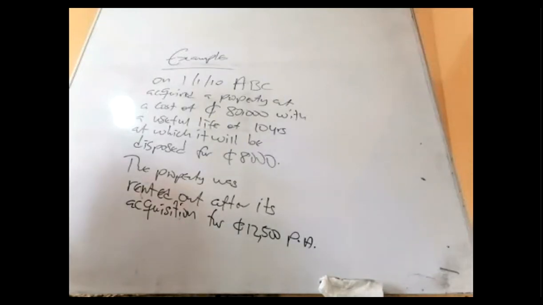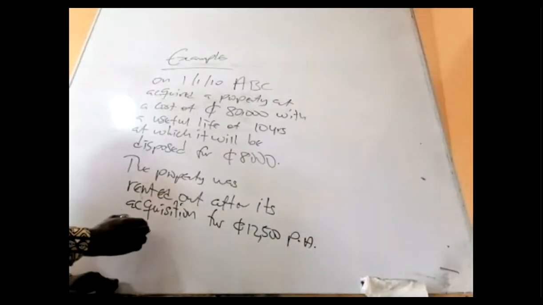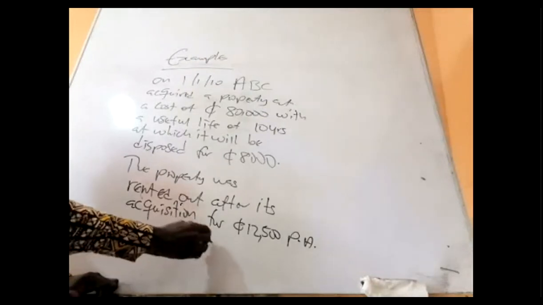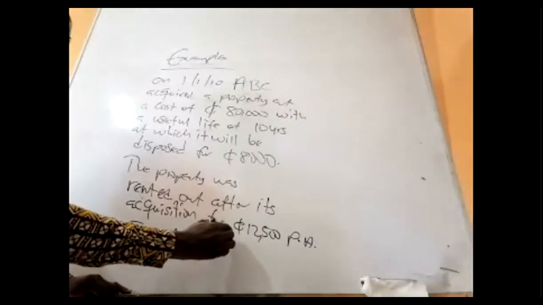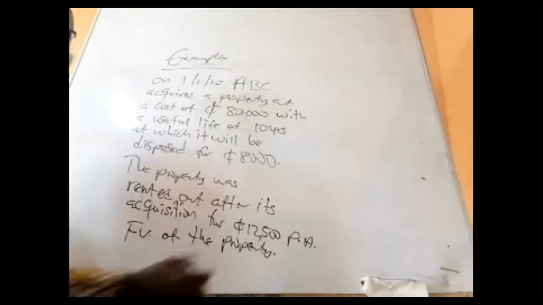The last paragraph. The fair values of the building as at the end of the first 3 years are as follows. So the fair value of the property at the end of the first 3 years.